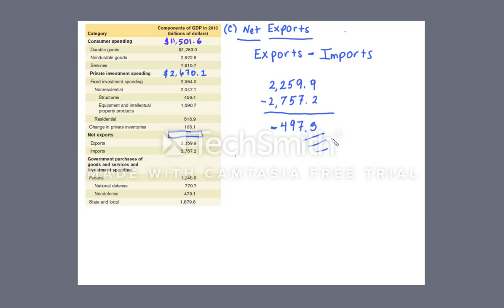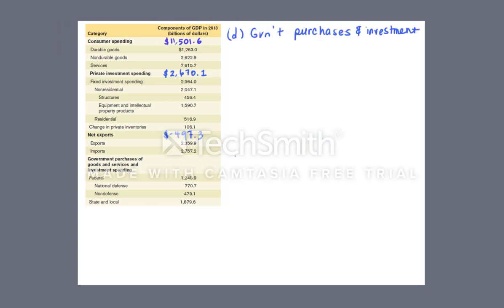Part D asks us to consider government purchases and investment, and that is going to be this number right here. Remember, there are a couple of ways that we can add this up. Government purchases of goods and services and investment spending can be calculated by simply adding federal and state and local spending.